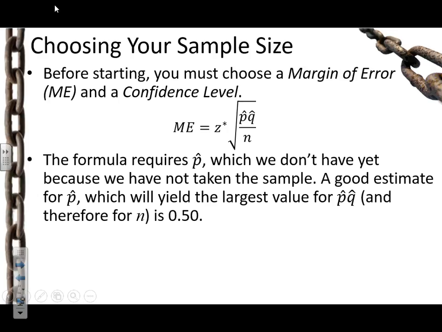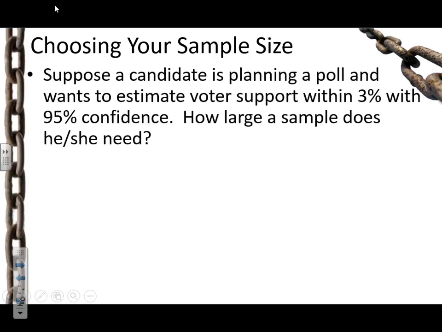Now, as far as solving, I just want to go through real quick what that's going to look like. So, suppose a candidate planning a poll wants to estimate voter support within 3% and 95% confidence. How large a sample do they need? So we have our formula, okay? In this case, our margin of error is 3%, so 0.03.